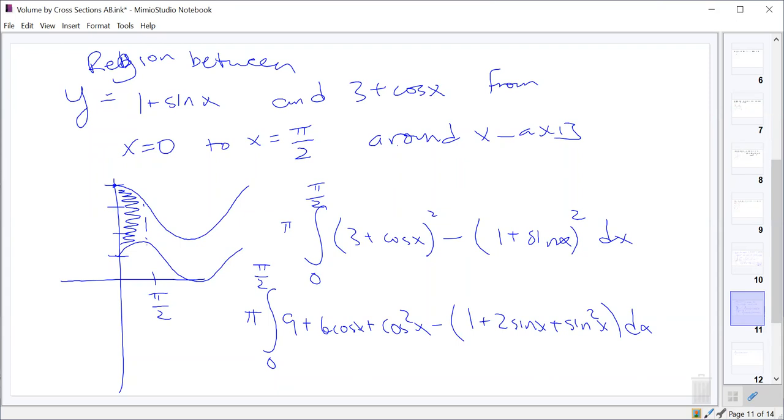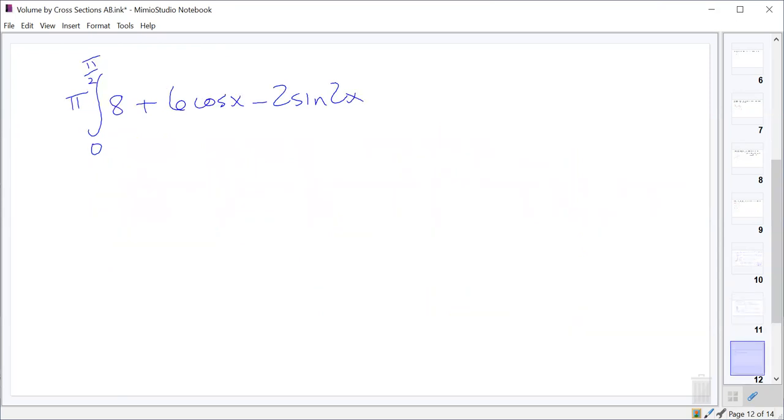And we talked about that one yesterday, right? What is cosine squared minus sine squared? Cosine 2x. So you're going to want to remember, why did I write 2x there? We want to make that cosine squared minus sine squared into a cosine 2x. Everybody good with that? Okay.